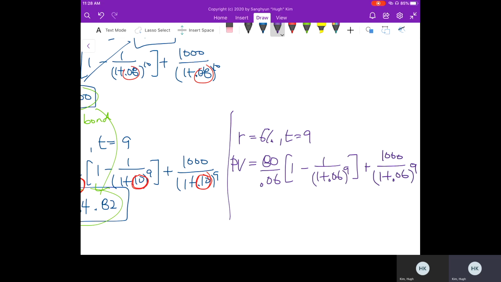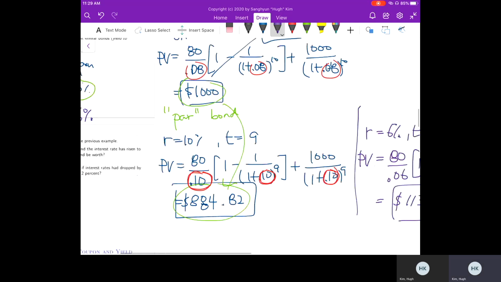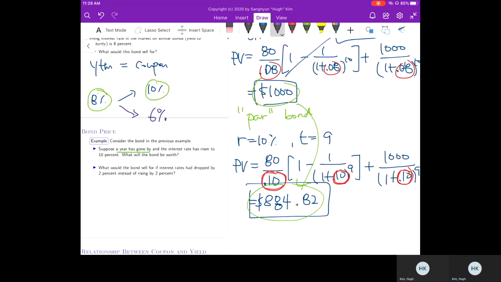So if you compute this, then you get $1,136.03. As you can see here, again, if interest rate goes down, the price goes up. So they always move in opposite directions.